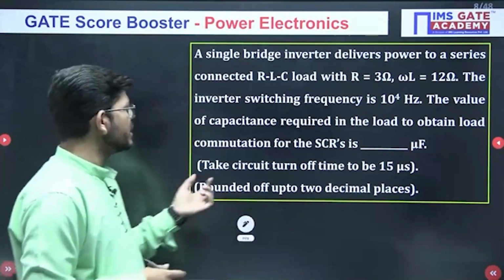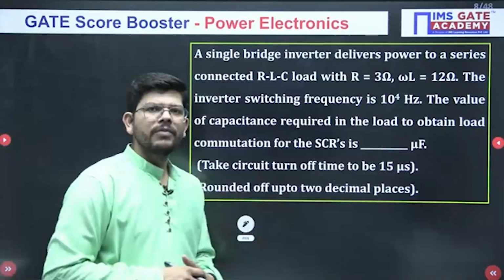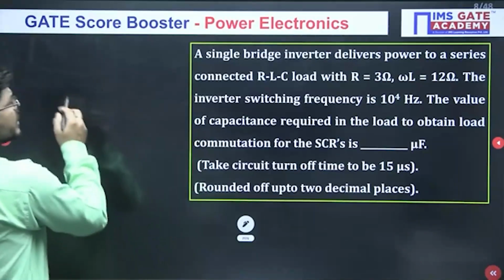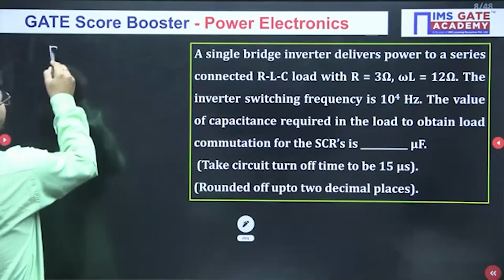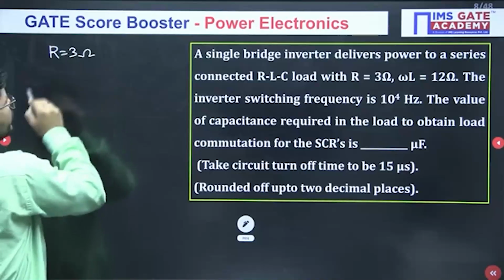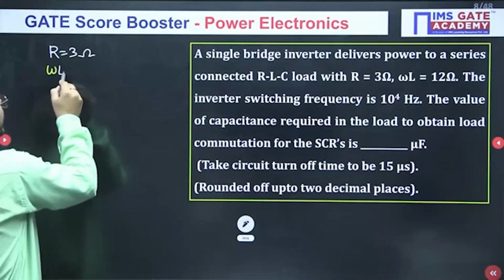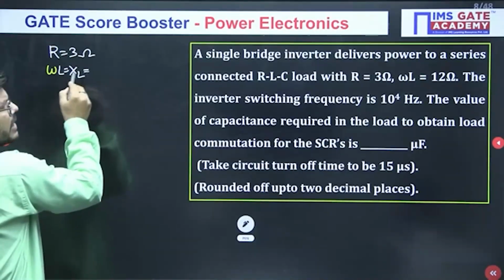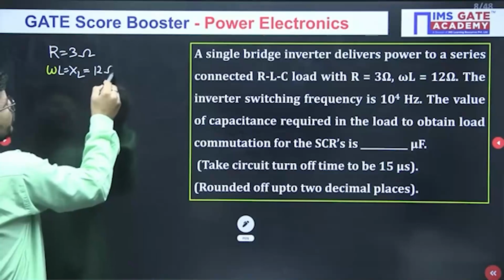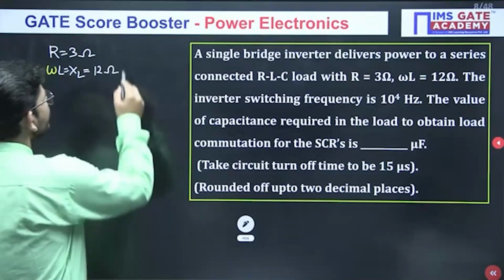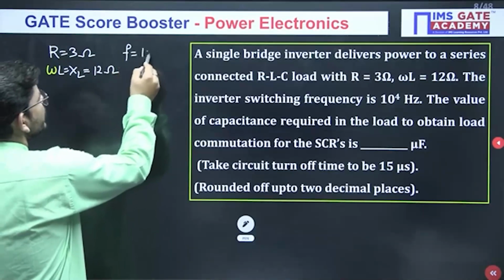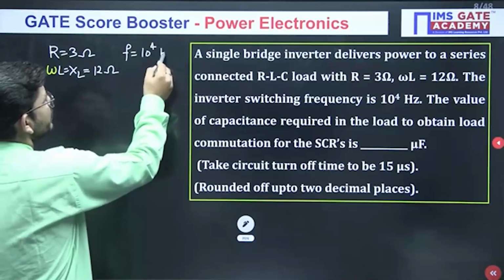And we have been given that the circuit turn-off time is 15 microseconds. Okay, so what has been given to us? The value of resistance is 3 ohm. And omega L, which we can write XL, is also given 12 ohm. Okay, and inverter switching frequency is 10 to the power 4 Hz.